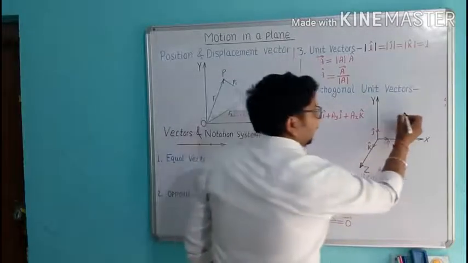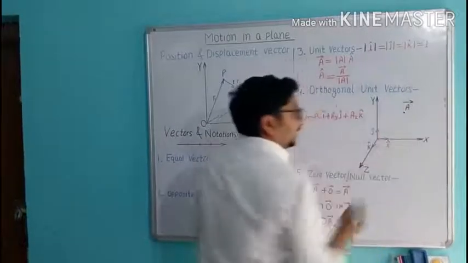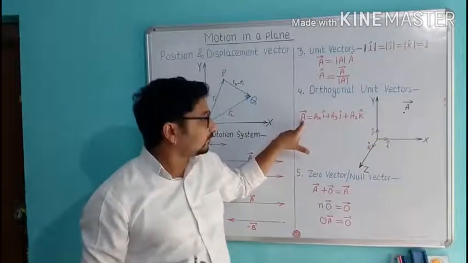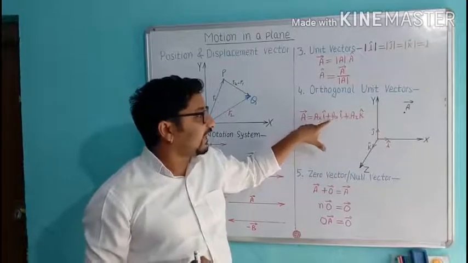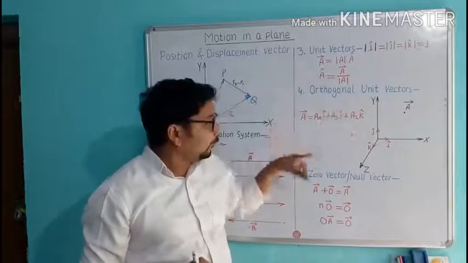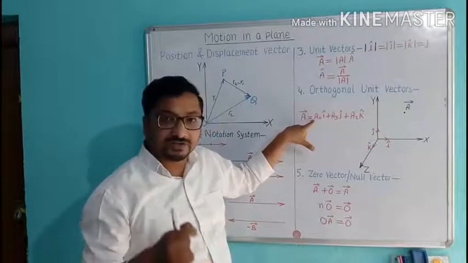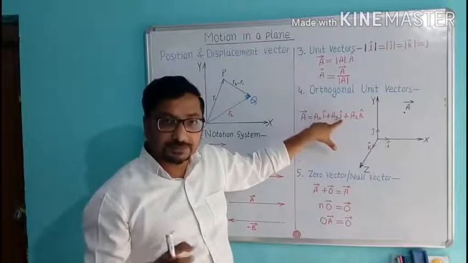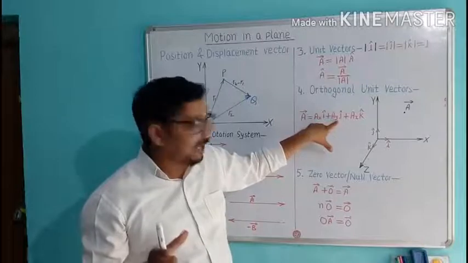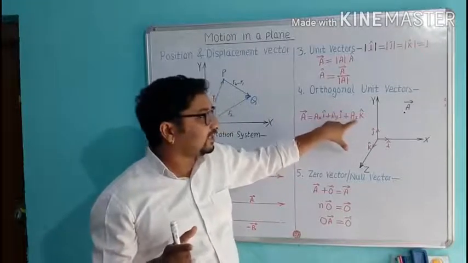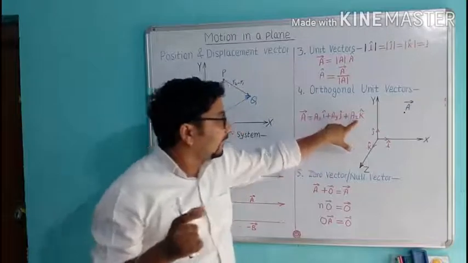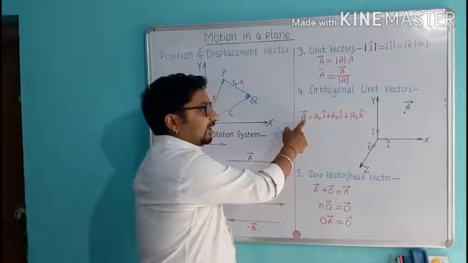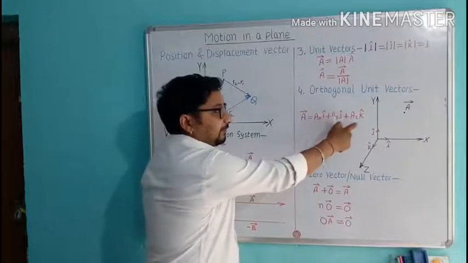So if we talk about any vector A, we can write vector A equal to ax i cap plus ay j cap plus az k cap, where ax i cap is the component of A in the x direction, ay j cap represents the component of vector A in the y direction, and az k cap represents the component of A in the z direction.